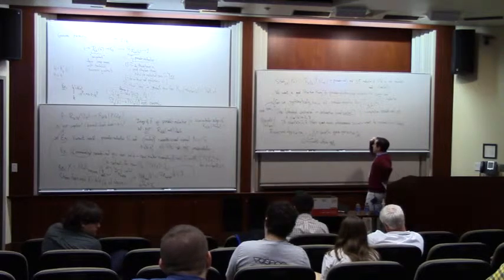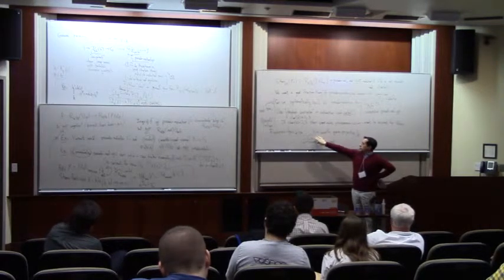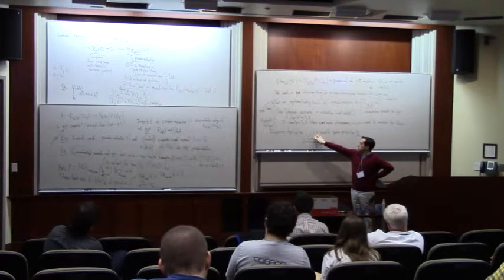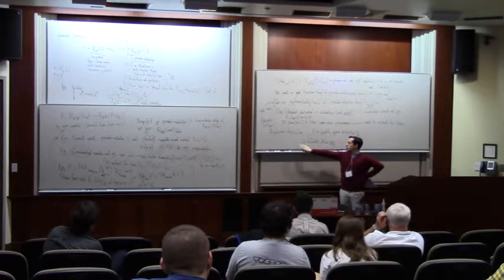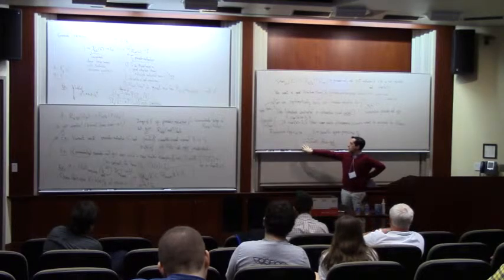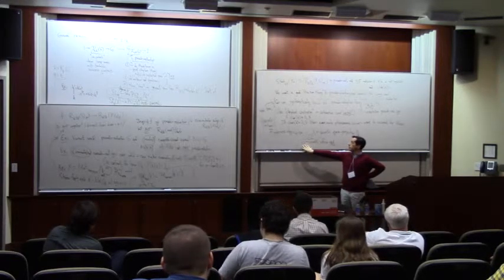For example, X could be the space of non-degenerate quadratic forms in 5 variables, and G could be GL5 acting on that through linear change of coordinates.